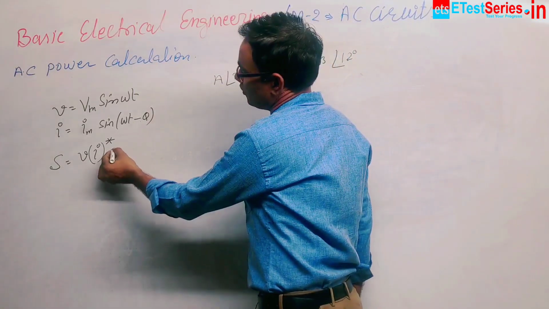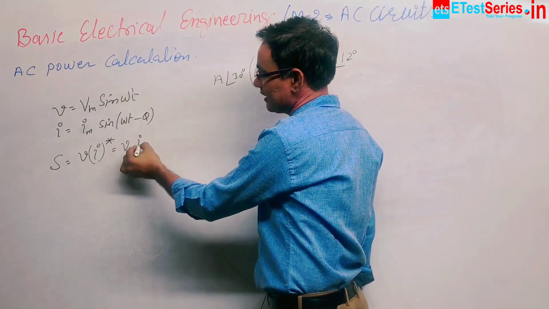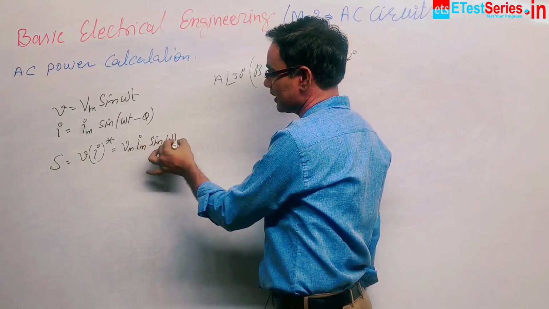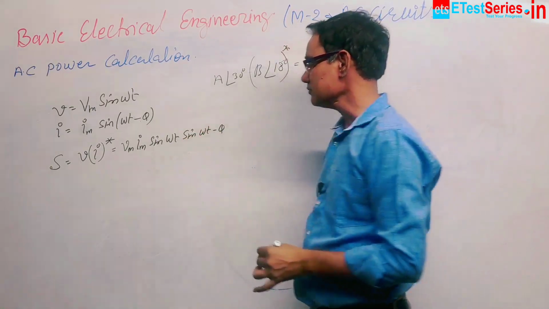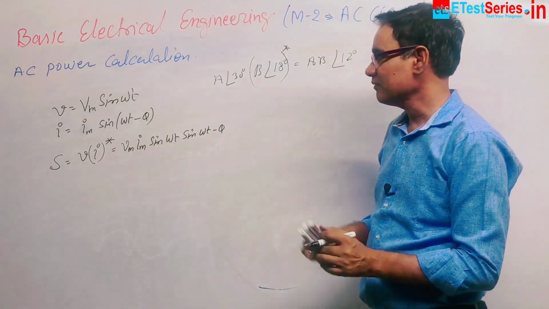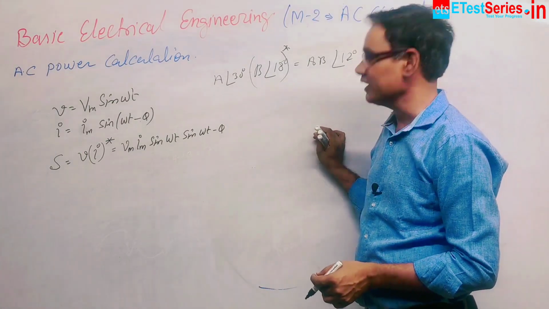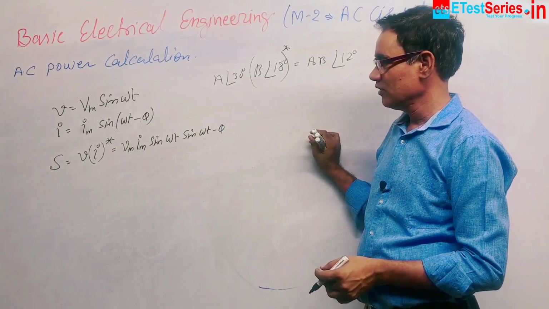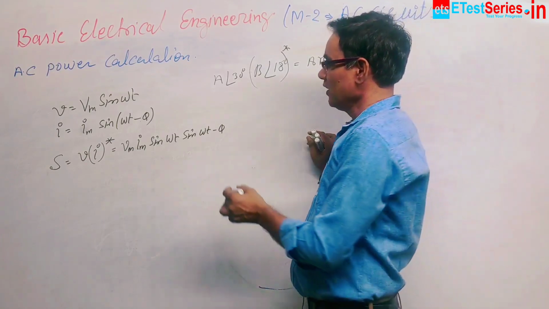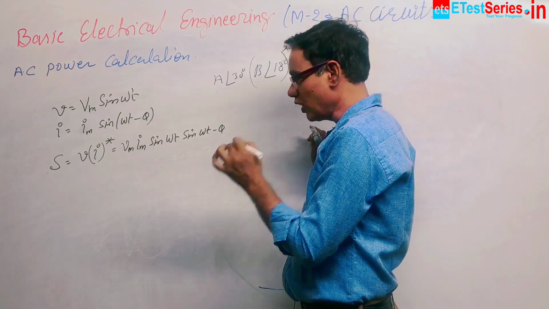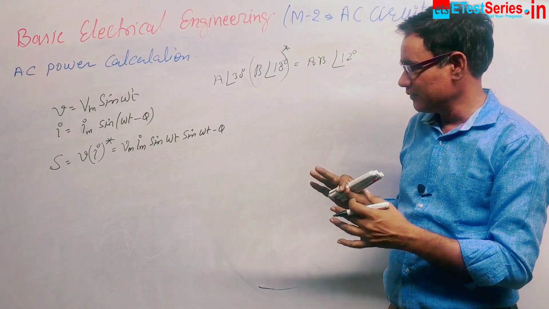Okay, so now we will put the value of voltage and current from these two equations. So it is Vm Im sine of omega t minus theta, multiplied by Vm Im sine of omega t. And what does this complex conjugate do when we multiply these two things?